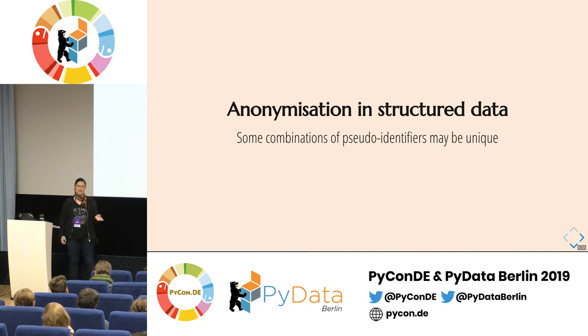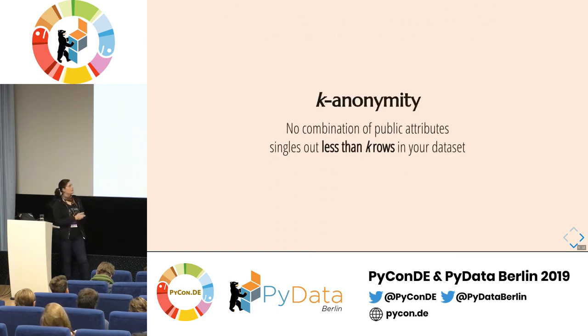Even in a very large data set, some of these combinations end up being unique. And most of the time, you don't even need these exact values. You don't care that someone is 15 or 14; you just want to know that they are under 25. So we have the possibility to aggregate these attributes so that, for any combination, you can guarantee that you have at least k rows, so k different individuals matching this combination.